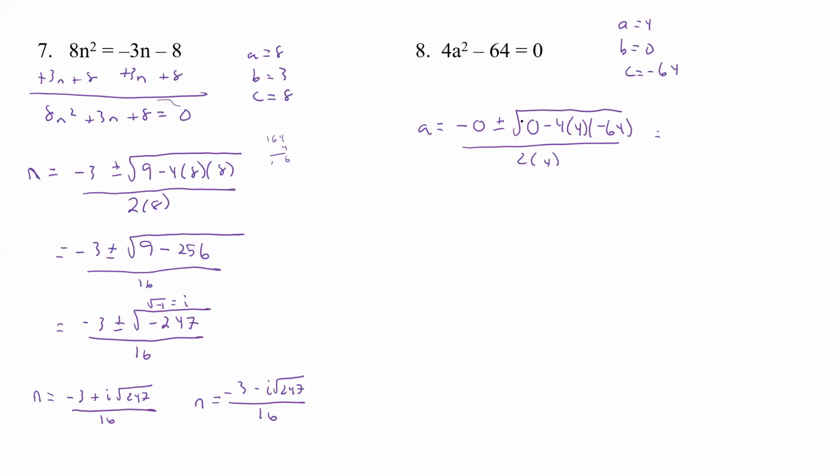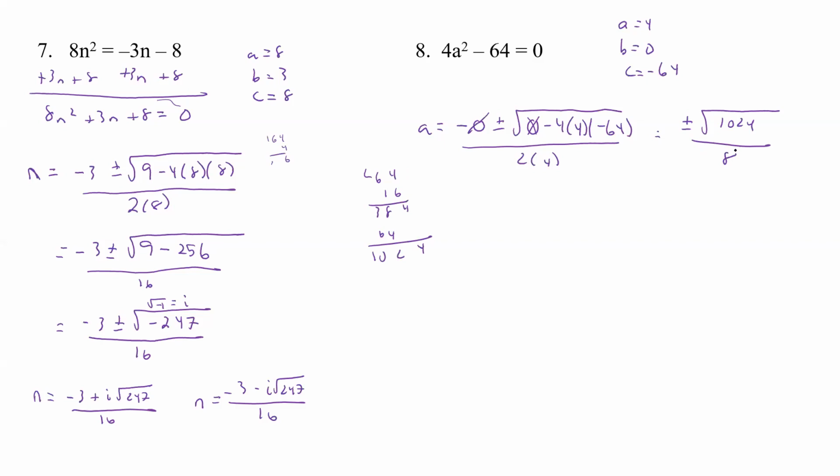Okay, so if we simplify that, well, that's just gone. So we have plus or minus the square root of, well, that's gone as well. So we have a negative times a negative is positive, and we have 16 times 64. And so if we multiply that out, 64 times 16, that's 1024, all over 8.